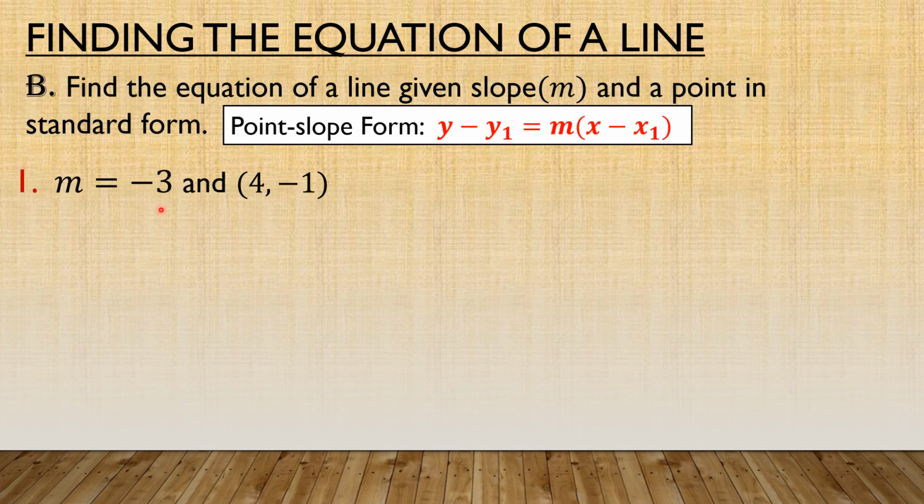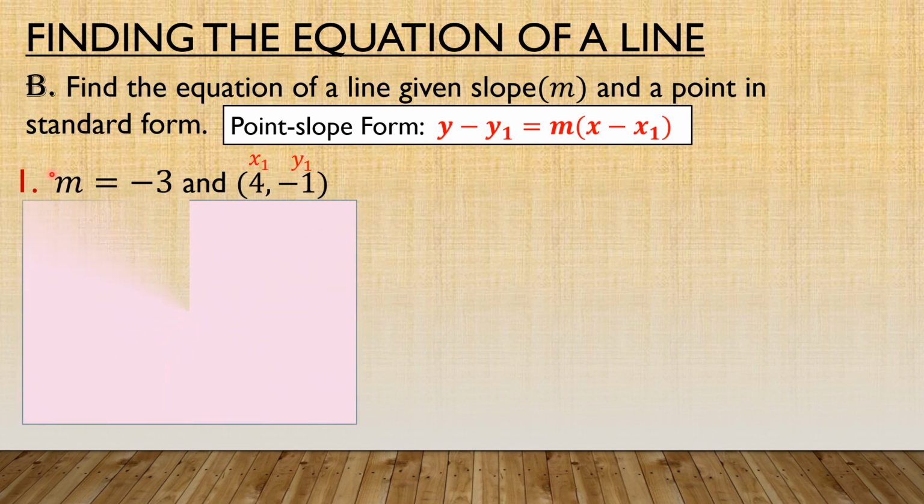Since 4 comma negative 1 is x comma y, therefore we will consider 4 as the x sub 1 and negative 1 as the y sub 1. Okay? So yan yung x sub 1 tsaka yung y sub 1 para yun ang isa-substitute natin doon sa ating point-slope form.